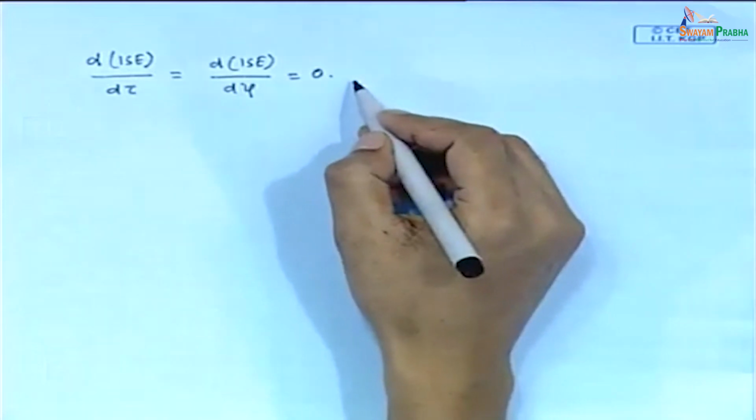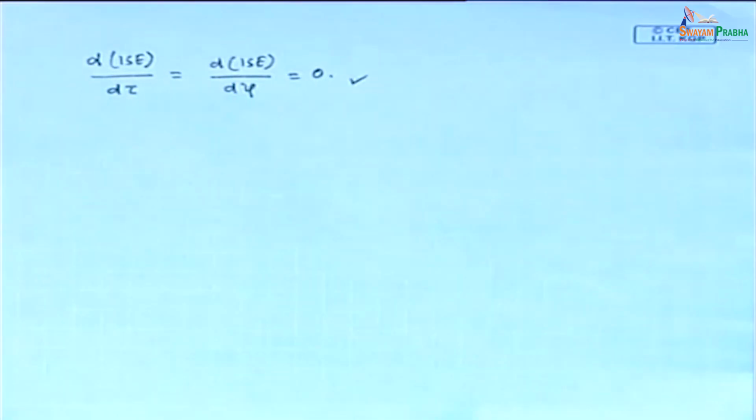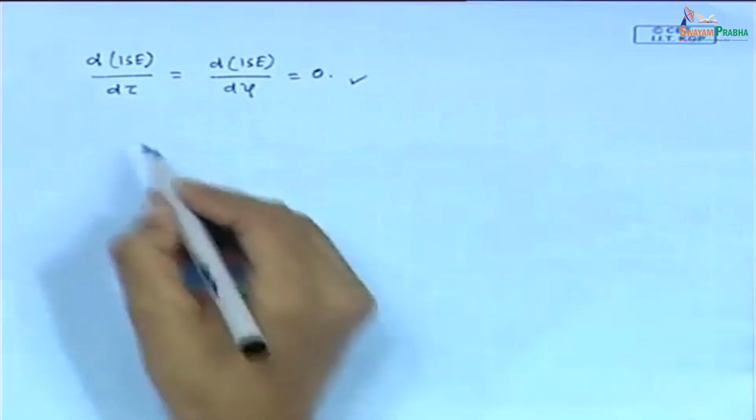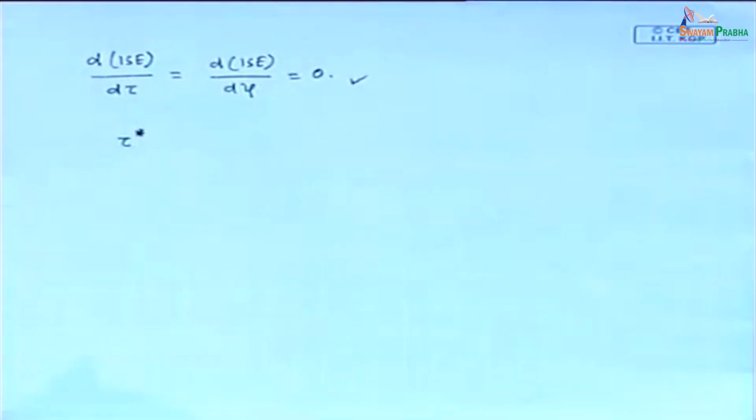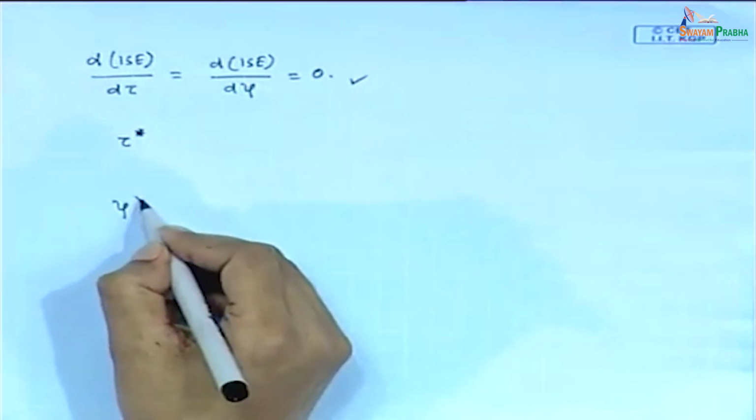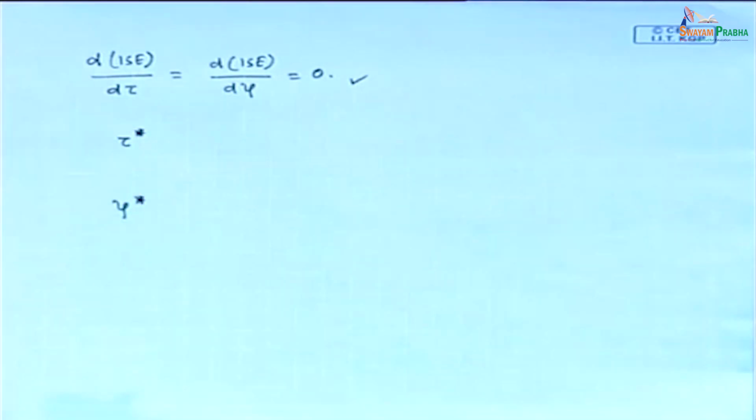If we minimize the IAE with respect to tau and zeta, we will get the optimum values of tau and zeta. Suppose these optimum values are tau star and zeta star.